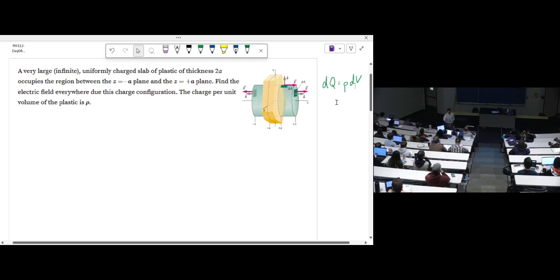Now, what we're going to find that's a little more interesting is that you get a different result if you're inside of this tan sheet of charge. If you're inside of that, you actually get an electric field strength that increases linearly with z.